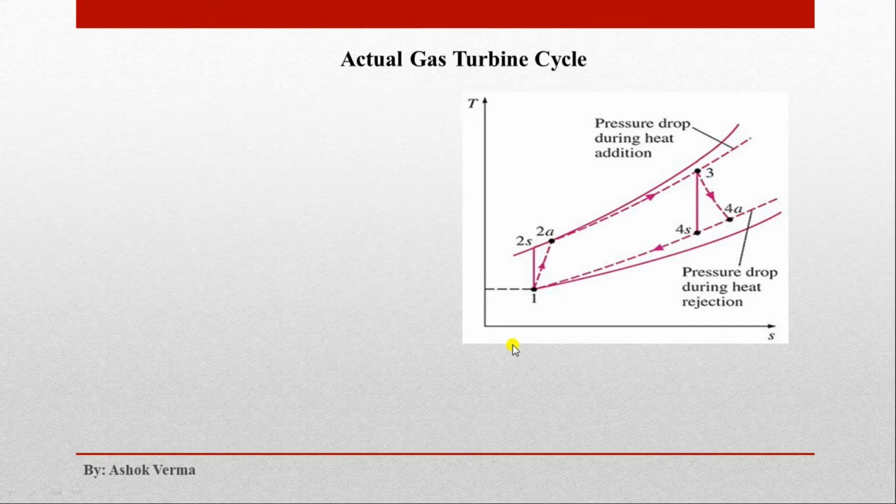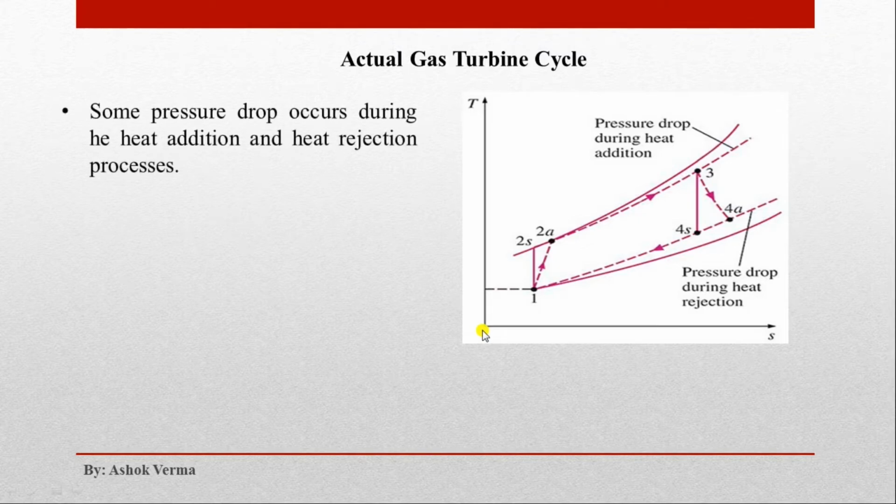Now we will see the actual gas turbine cycle. Till now we have studied only the ideal Brayton cycle. Now we will see the actual gas turbine cycle or actual Brayton cycle. You will see some pressure drop occurs during heat addition and heat rejection.